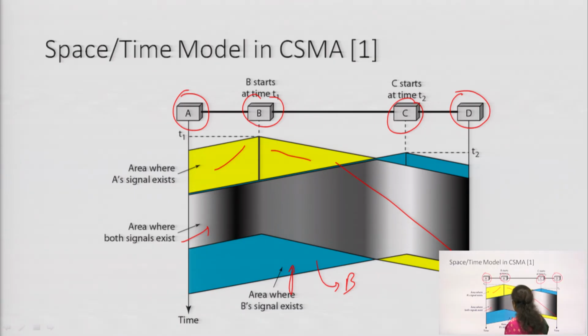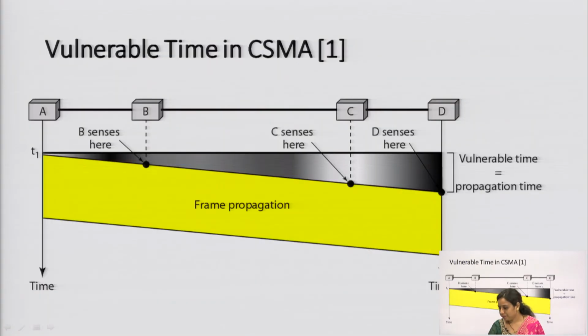So, this is B's data, and this is how the space and time model in CSMA, that is carrier sense multiple access, will work. Carrier sense multiple access means the carrier or the data which is transmitted by each of the stations. It could be station A, station B, or station C. Whichever station wants to transmit the data, it will be transmitted, but there is a specific space and time model.